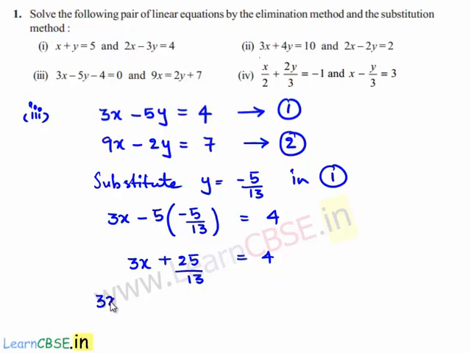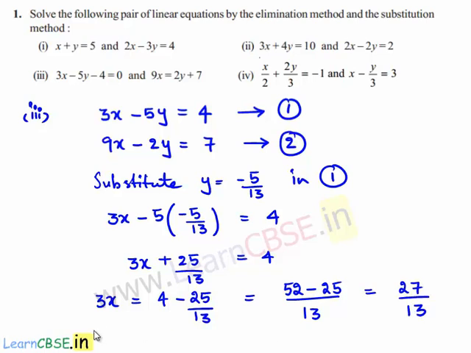So 3x is equal to, so 25 by 13 is transposed to right hand side, we'll be getting 4 minus 25 by 13. Now taking the LCM, which is 13, so 4 multiplied by 13 is 52, and here we have minus 25. So 52 minus 25 is nothing but 27 divided by 13.